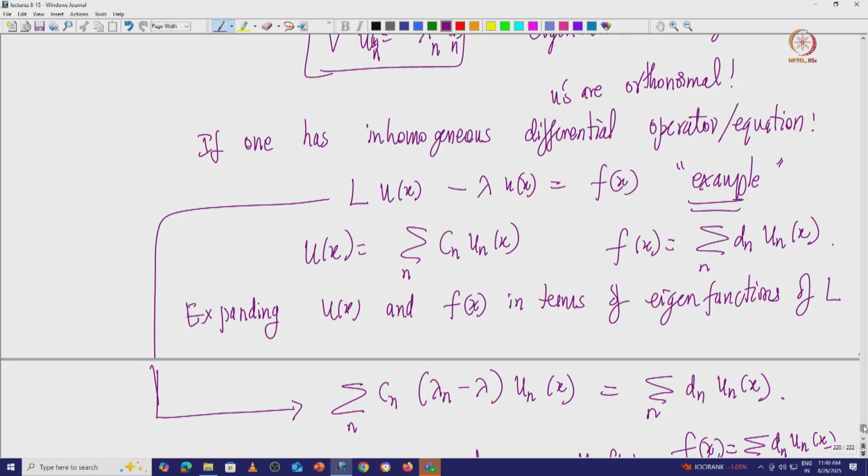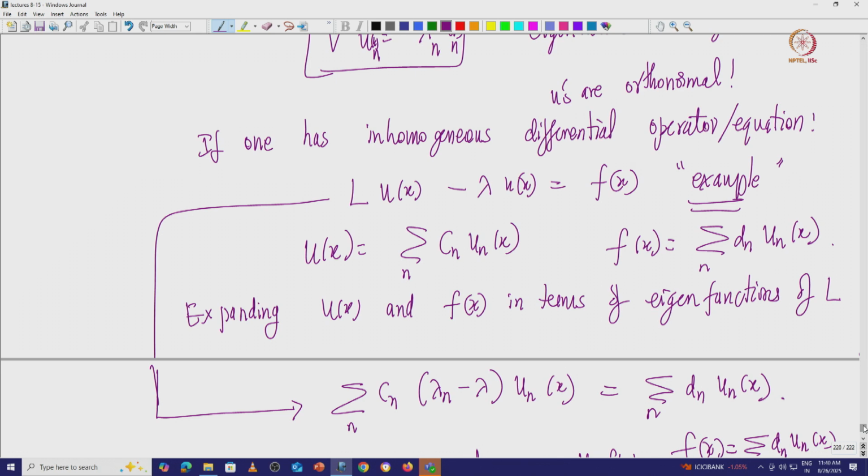Imagine that I can expand my f of x also in terms of this complete set of bases. If the differential operator has eigenfunctions and eigenvalues, any function can be expressed in terms of a complete set of bases. So, I can expand u of x and f of x in this complete set with different coefficients Cn and Dn.